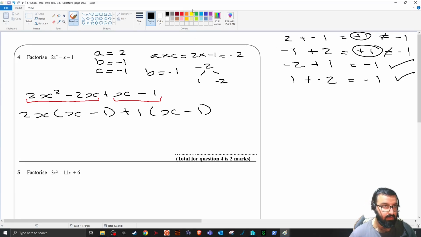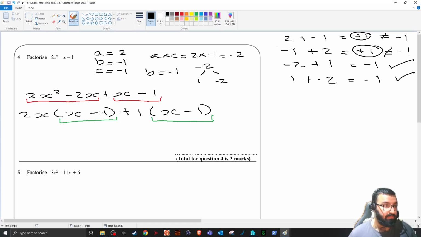Okay? And I'm just going to put this down in green, just to signify the fact that these two brackets have to be identical to one another. If they're not, you're obviously doing something majorly wrong here. Sorry, let me just fix that. There we go.